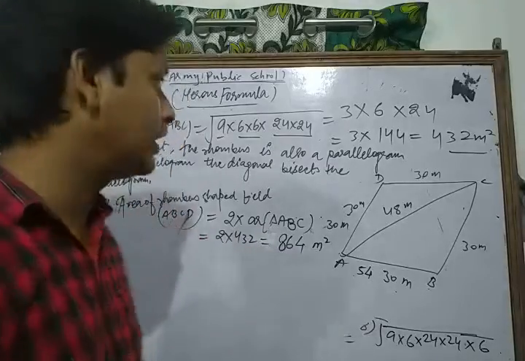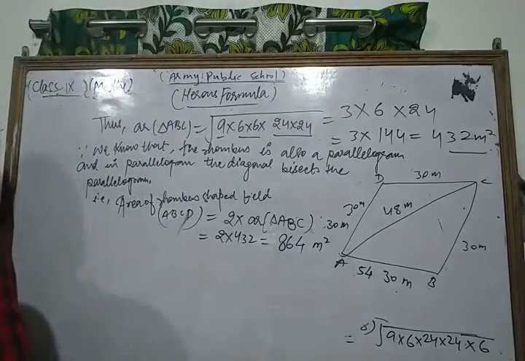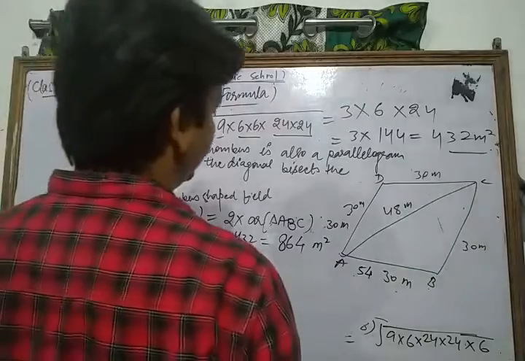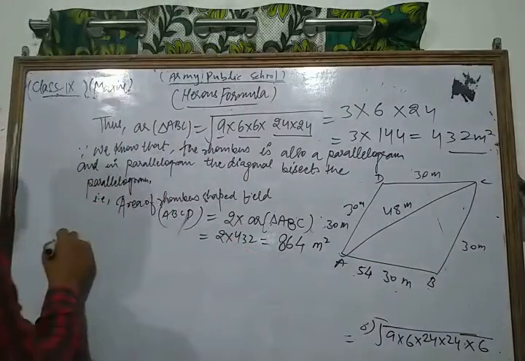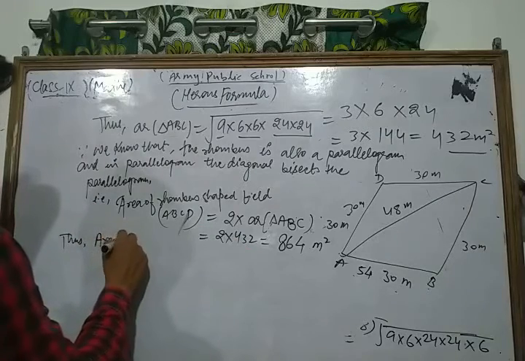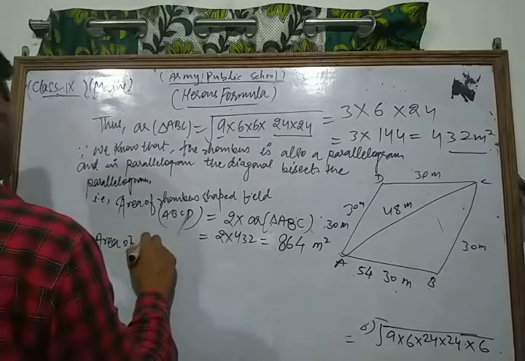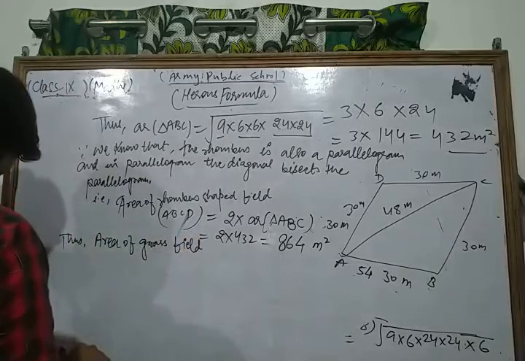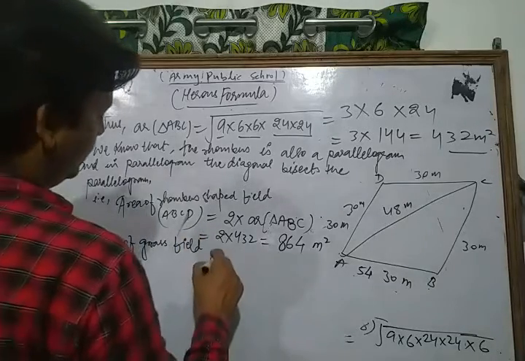Okay, now the area of the rhombus shaped field is grazing for 18 cows. But in our question we find how much area of grass field each cow will graze.